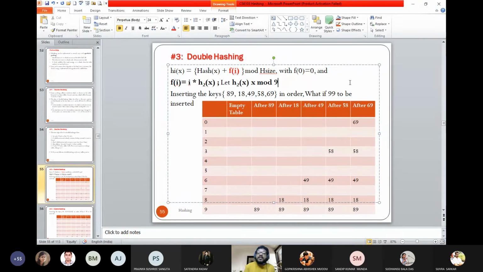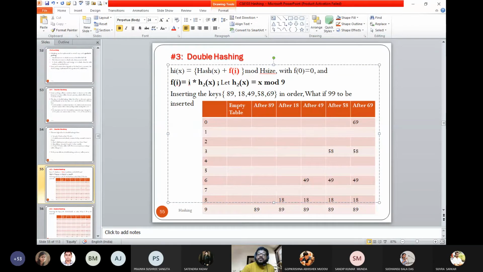Okay, so for this example, we start with x mod 10 as the hash function, and we select the second hash function h2(x), which is x mod 9. Now if I try to store 89, it's fine, no problem.